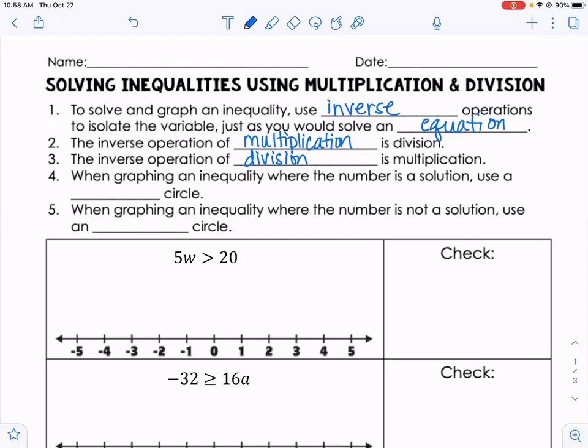If we have a number divided to our variable, we can undo it with multiplication. Okay. You are not going to forget this because we've talked about it every single day.